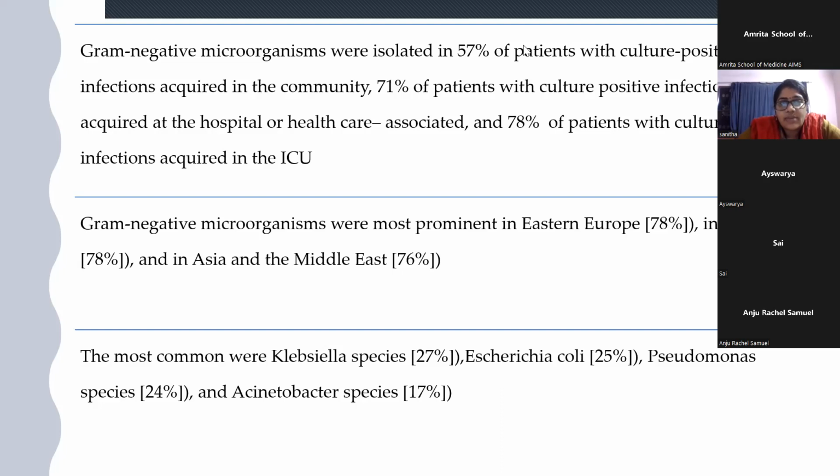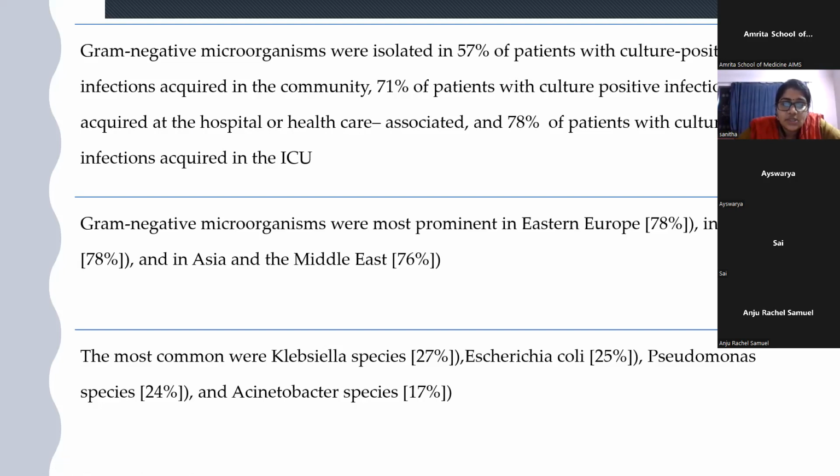If you just see the statistics, gram-negative microorganisms were isolated in 57% of patients with culture-positive infections that occurred in the community, and in 71% of patients with healthcare associated infections, and 78% of the patients who acquired infections in the ICU had mainly gram-negative infections.